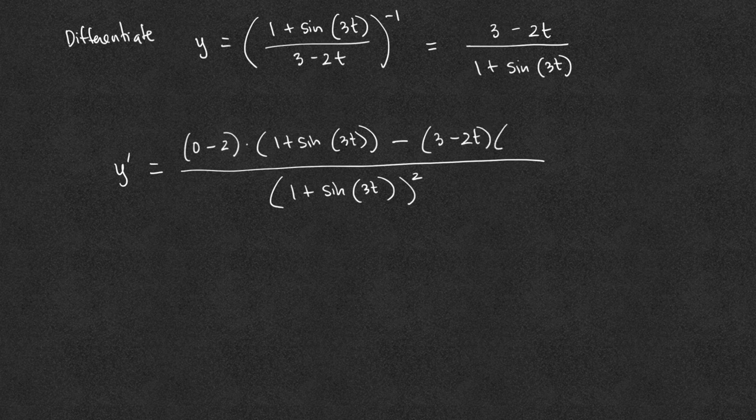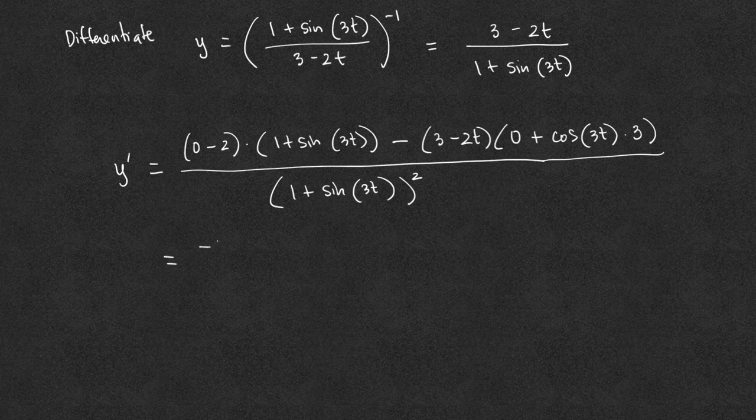of the denominator, which is 0 plus the derivative of sine, which is cosine of 3t, but we're not done yet. Using the chain rule on sine of 3t, we still need to multiply the derivative of the inside. The derivative of 3t is 3. Clean this up a little bit.